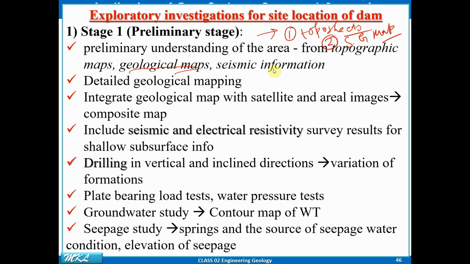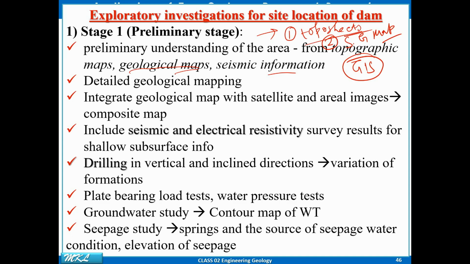You will be integrating all this information, like the normal toposheet map. You may use GIS techniques. GIS is a geographical information system. There are several GIS software packages available like ArcGIS. Using ArcGIS you can integrate all this information and make an integrated map.